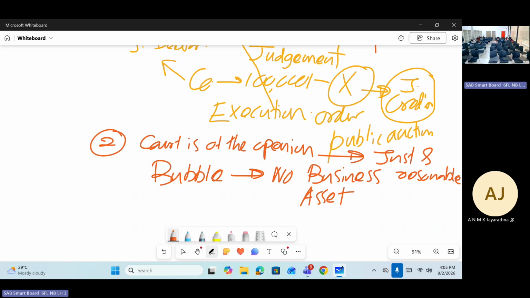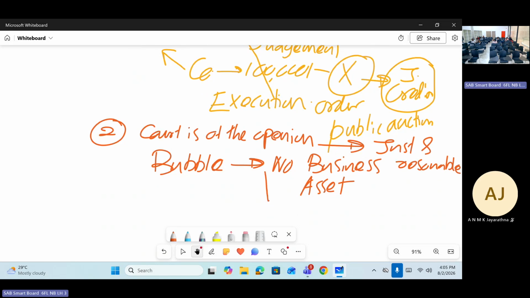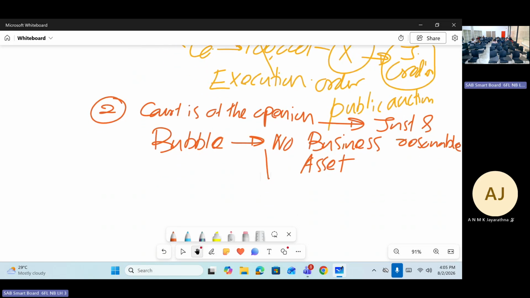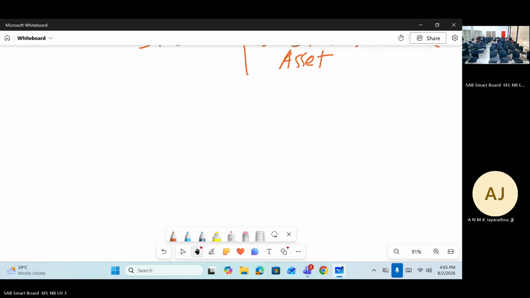Under winding up by court, we can discuss what the steps are, and I will explain all the steps with a simple diagram.